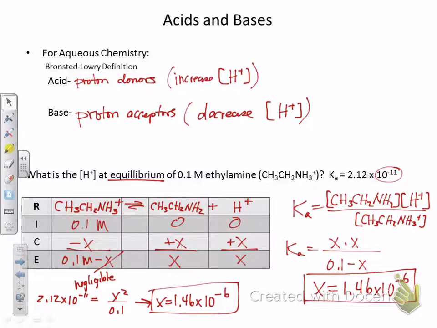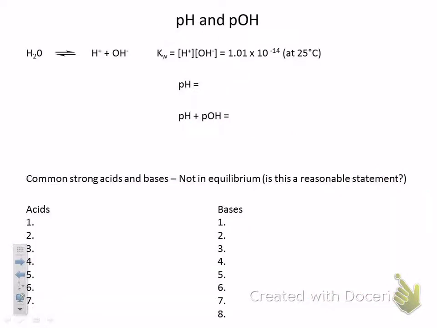Now that we've done a quick solution using a RICE table and a really basic acid dissociation constant, let's review quickly pH and pOH. So hopefully you recall that when we're talking about pH, we're talking about the negative log of the H plus ion concentration, and when we're talking about pOH, we're talking about the negative log of the OH minus ion concentration.